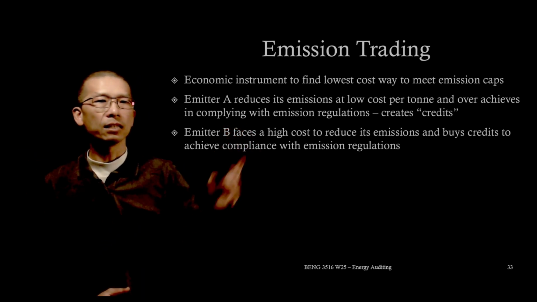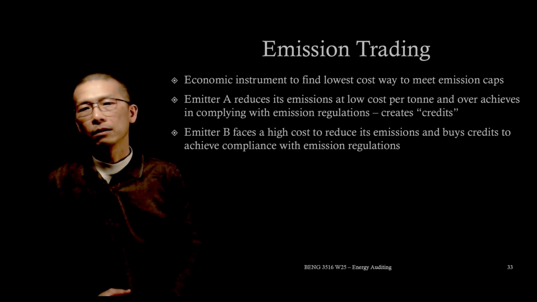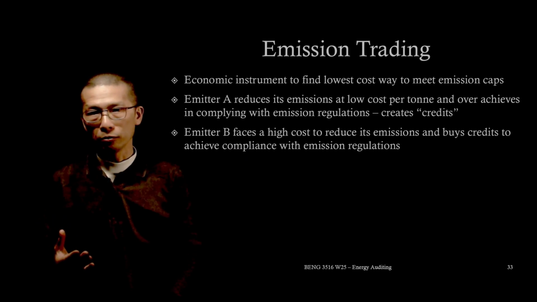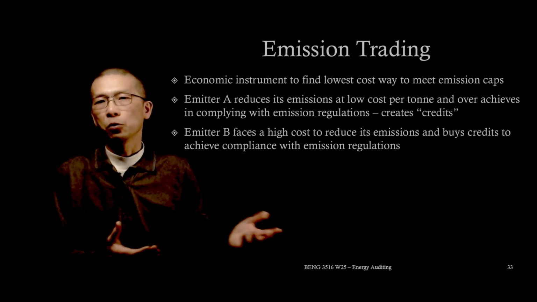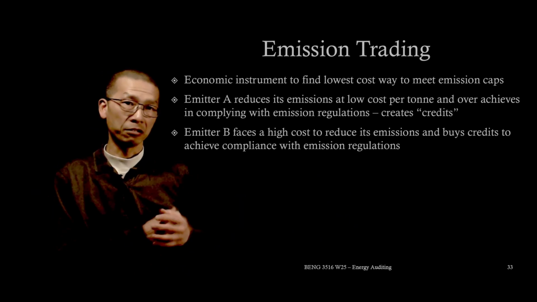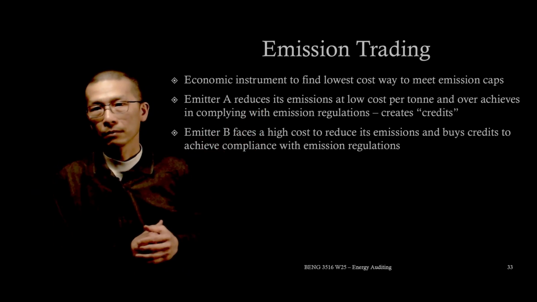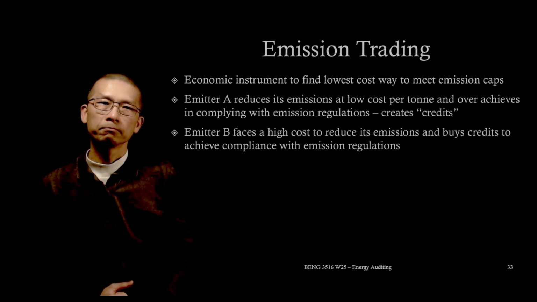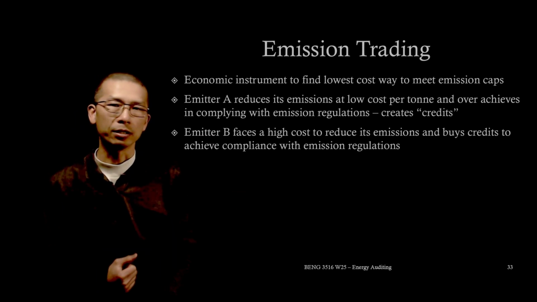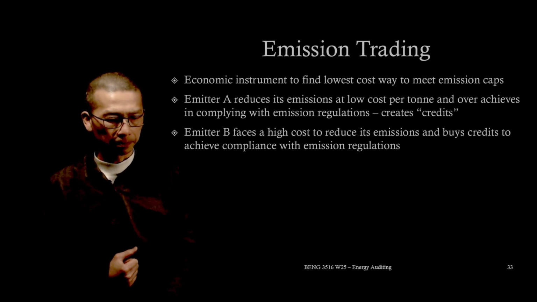Then there's emitter B. It faces a very high cost to reduce its emissions, so it opts to buy credit from others, like from emitter A, right, to comply with the regulations. Right, so you can trade emissions credit.